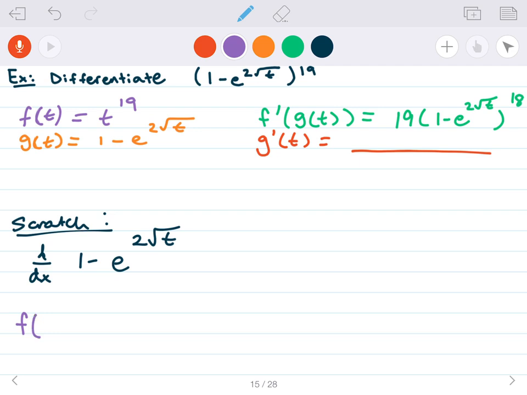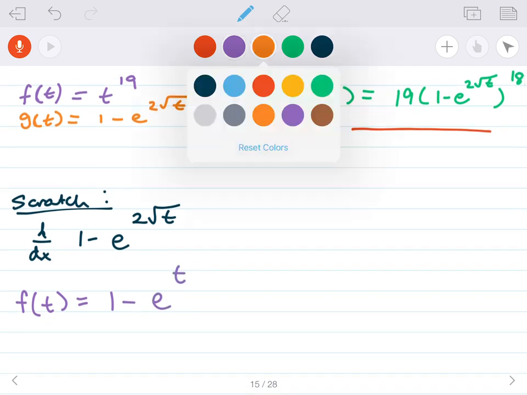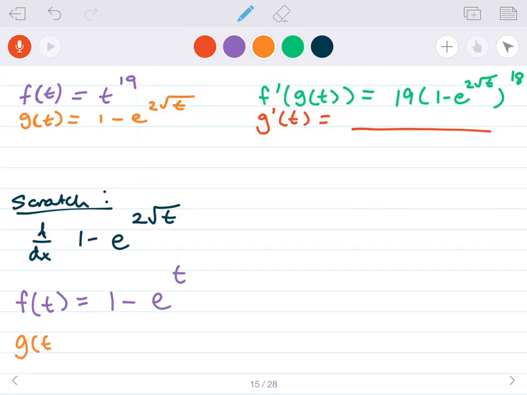Okay, and I don't want to bog myself down with variables. So what's my outside function? My outside function is 1 minus e to t. That's something I can take the derivative of pretty easily. And my inner function is going to be what I plug into t to get that first thing in black. And that thing is going to be 2. And instead of writing square root of t, I'm going to write t to the 1/2 so I can just use the power rule when I take the derivative.